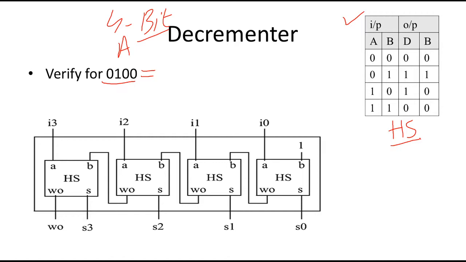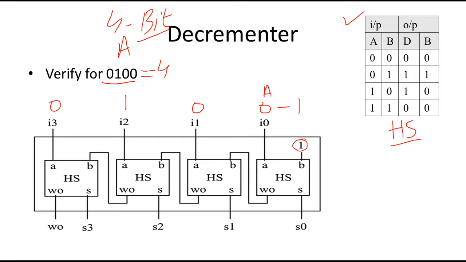At first, this is our number. Let's say I0 is 0, I1 is 0, I2 is 1, I3 is 0, which is our input number, and it is equal to 4 in decimal. The second operand of the first half subtractor is 1. So the first subtraction is 0 minus 1.